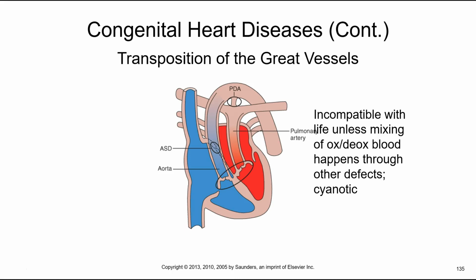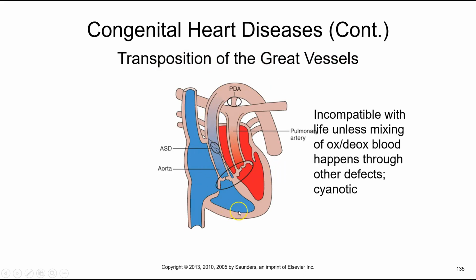Okay, more embryology here. We'll talk about this embryology in week 6, I believe, how your aorta and your pulmonary trunk initially were one blood vessel, and then you developed a septum between them, and they differentiated. In transposition of the great vessels, the trunk separated, but they went in the opposite direction they should have gone.